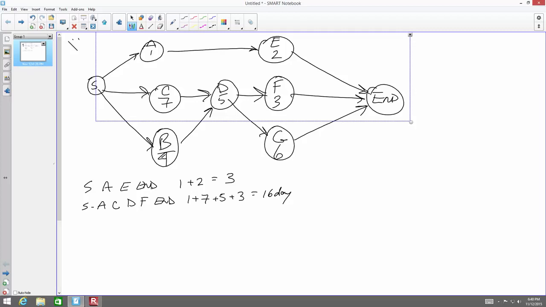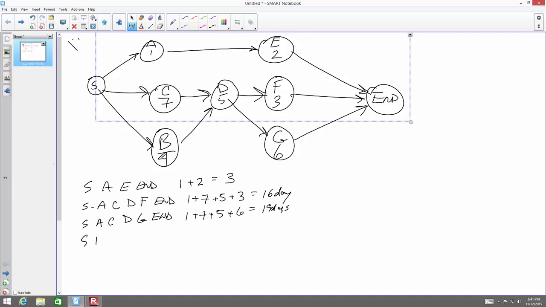Our other alternative is start, A, C, D, G, end. So we're going to divert to the lower category G before we get to the end. Add those days up: 1 plus 7 plus 5 plus 6 is 19 days.